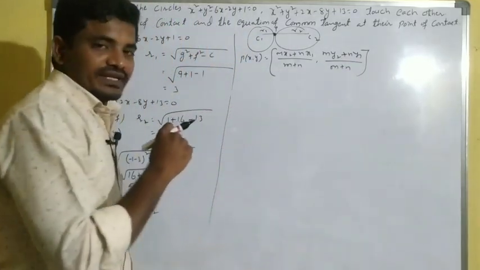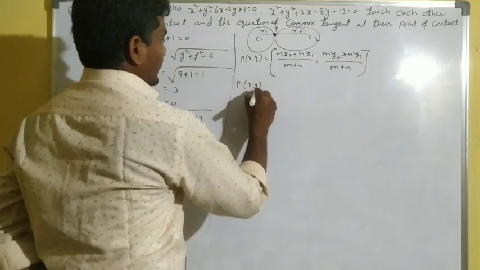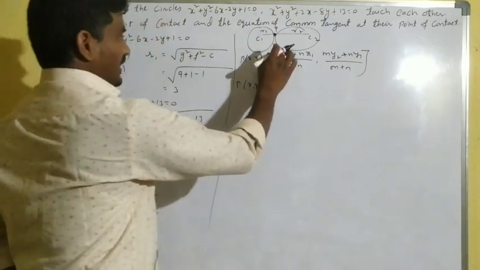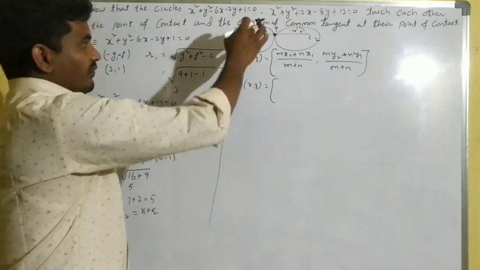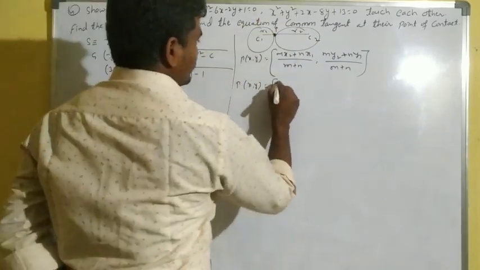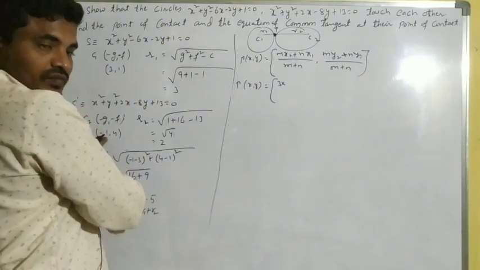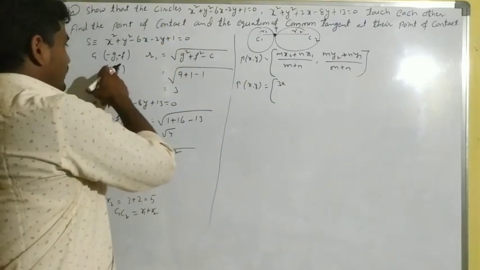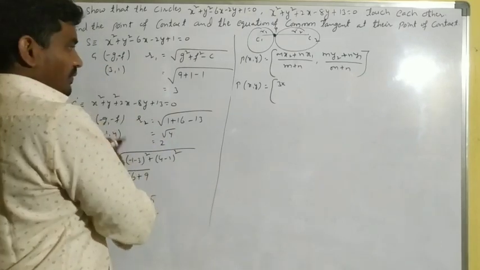This is the formula for the section. P of x comma y equals, here m is nothing but R1 and n is nothing but R2. R1 is 3, into x2 which is minus 1 here. This is x2, this is x1, y1, y2. x1, y1, x2, y2.